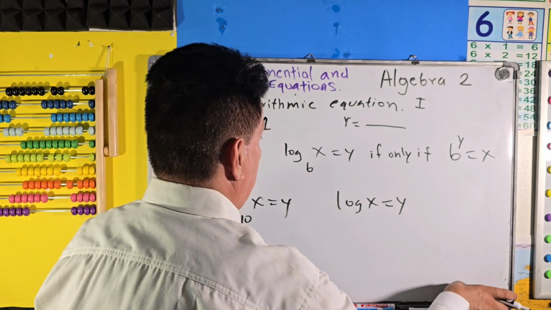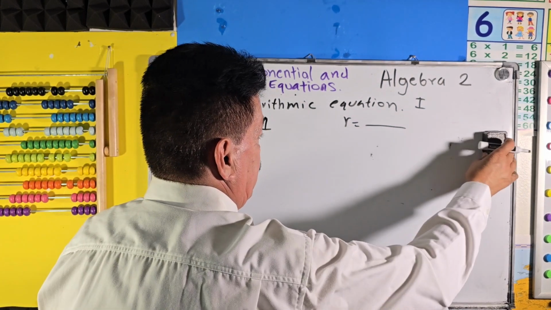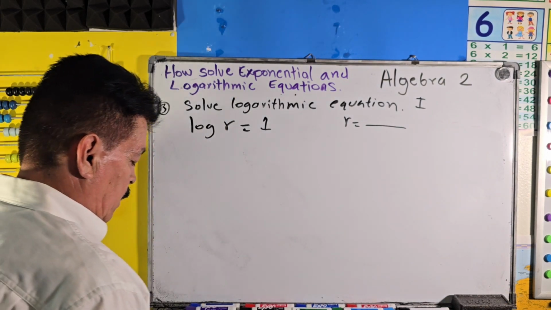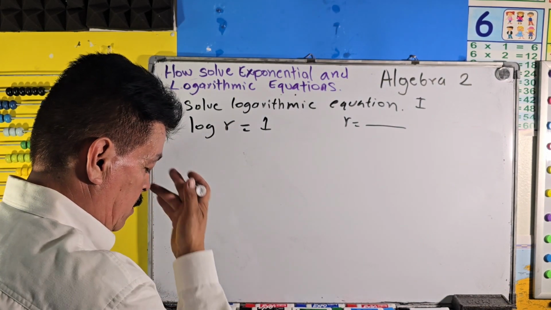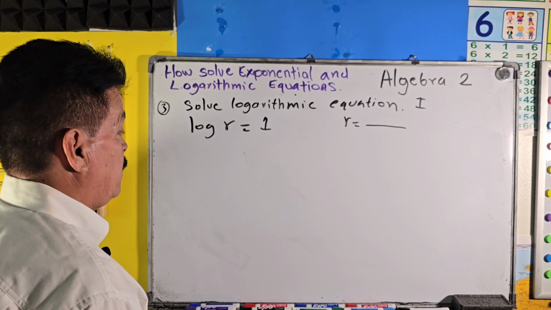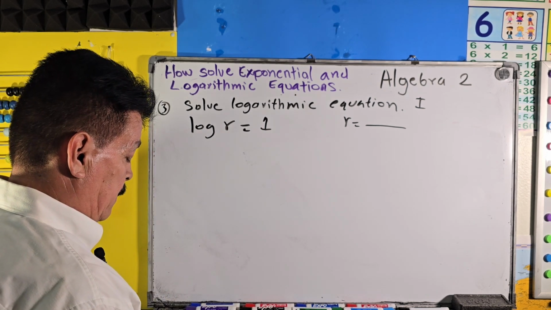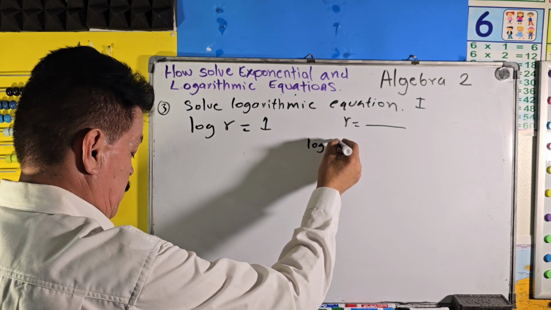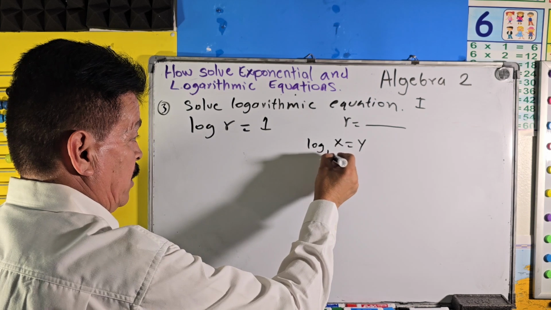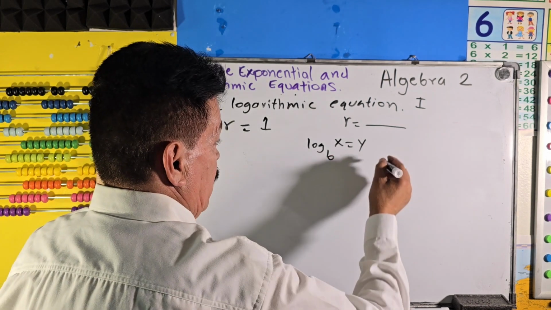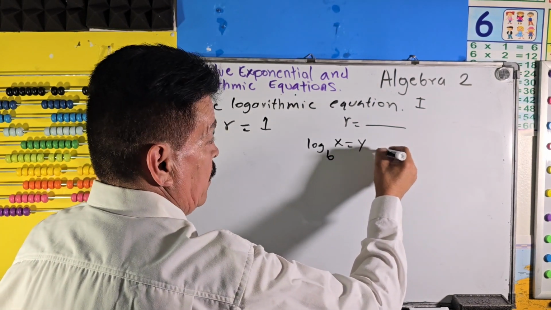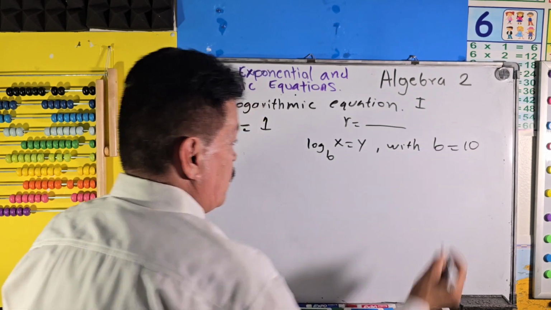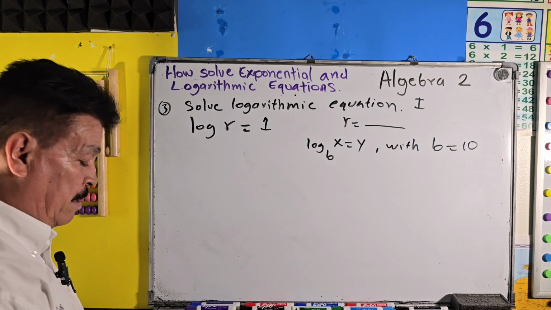After this, let's go and solve our problem. This is the form that I told you, log x with the base equal to 10.